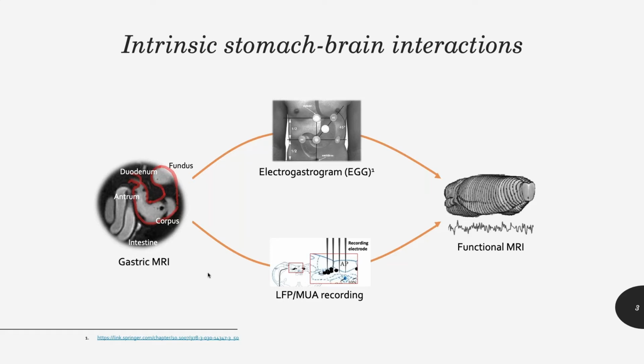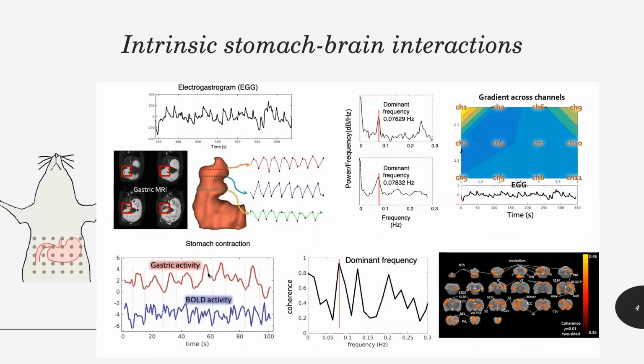So here is an example where we create an electrode array to attach to the belly of the rat, and by using that, we can use the TDT system to record the cutaneous electrogastrogram, as shown here. During this recording, we can acquire high quality gastric morphology imaging.